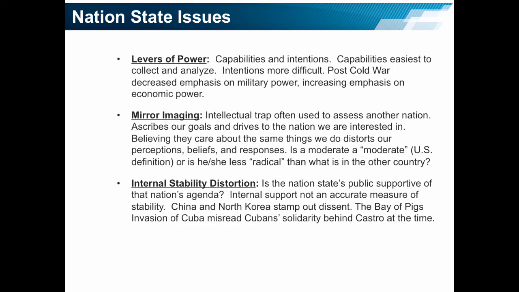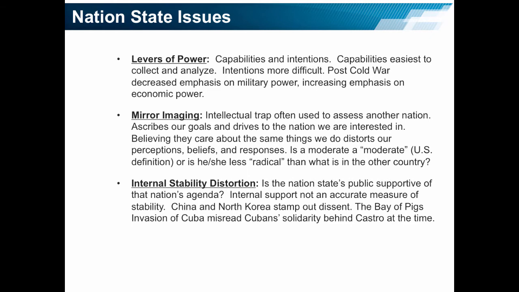Internal stability distortion relates to how a country presents itself to the outside world, as internally stable or not. Therefore, is the nation-state's public supportive of that nation's agenda? Internal support to a nation's agenda is not an accurate measure of stability. For example, China and North Korea stamp out dissent.